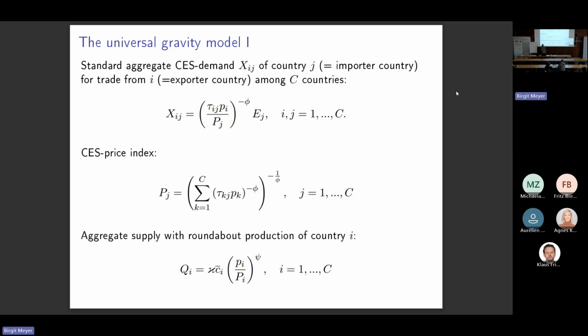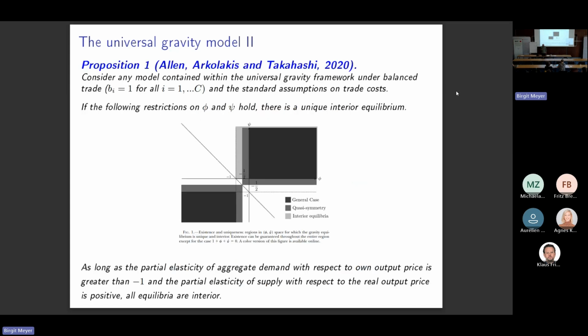And what they show, and this is why this paper is so famous, is that for a wide range of demand and supply elasticity, this model has a unique equilibrium. So the prices are uniquely determined up here. And you know, they have economic geography models in mind with agglomeration and things like that.